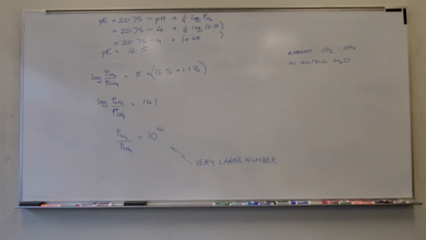This is an oxidizing environment. What was the value of PE? 16.5. Yes, 16.5. This is an oxidizing environment. The source of carbon dioxide or methane in this question, in the oxidizing environment would be carbon dioxide.